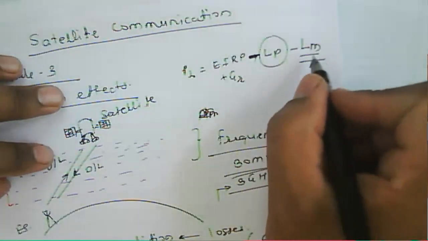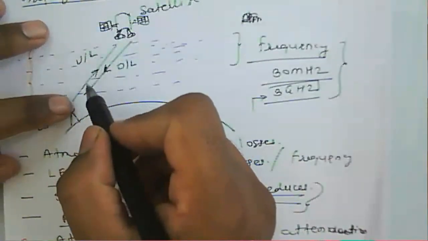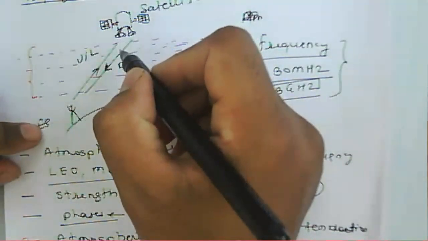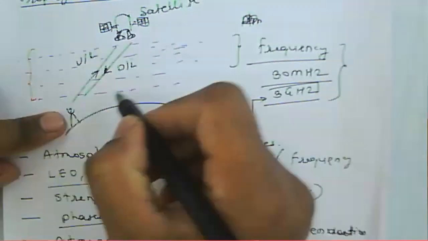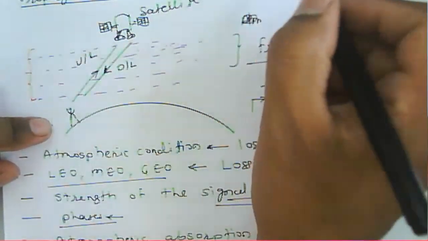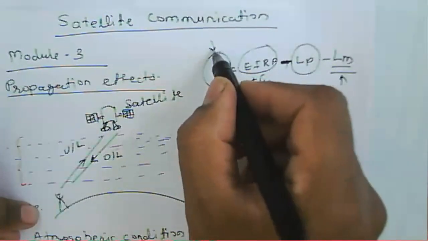Now this system margin is nothing but what? At daytime or night time, what will be the power to be transmitted from the earth station or from the satellite? So that transmitting power we can vary so that we get the received power. So we consider a system margin there.